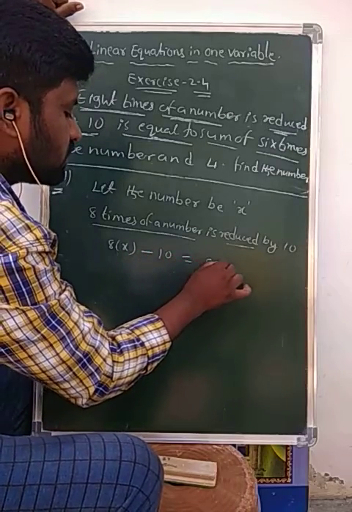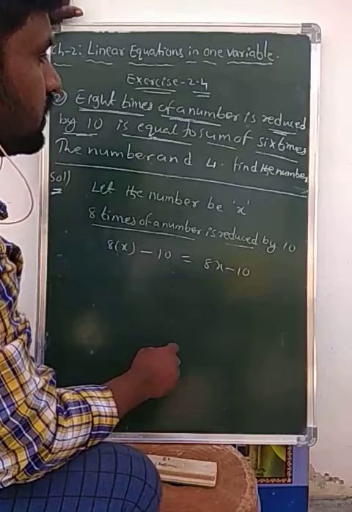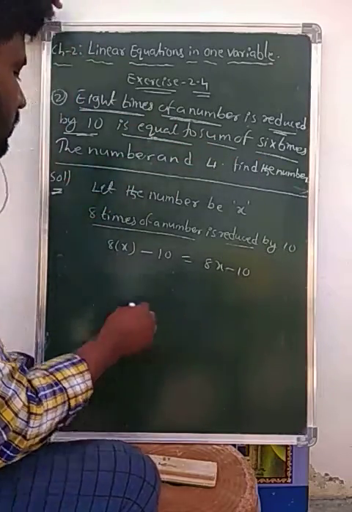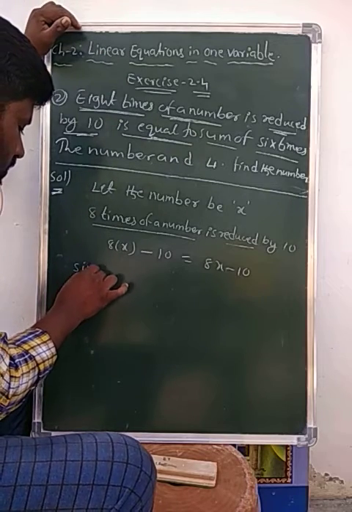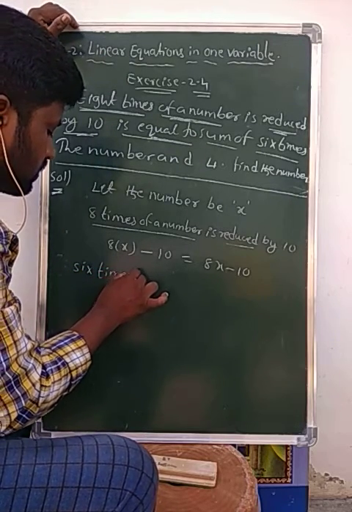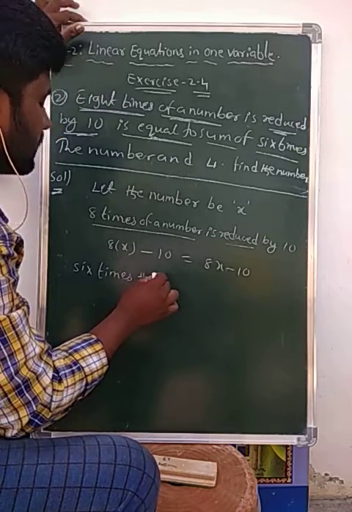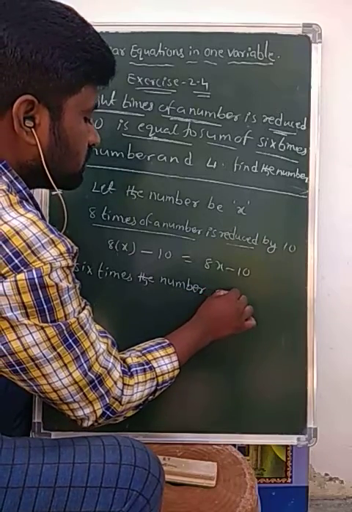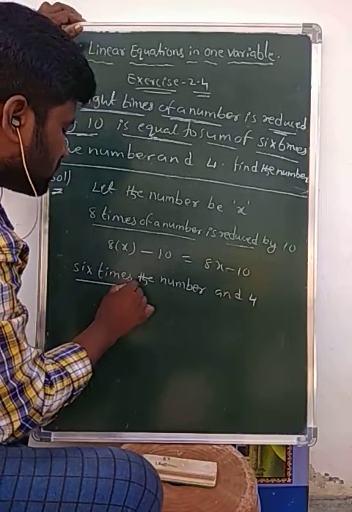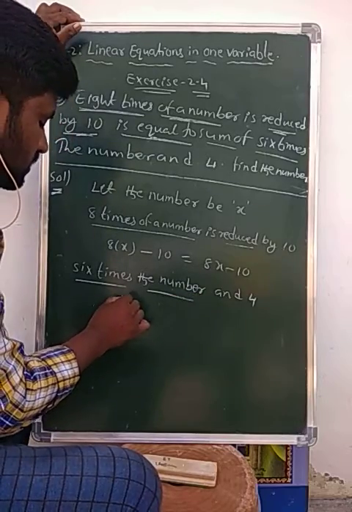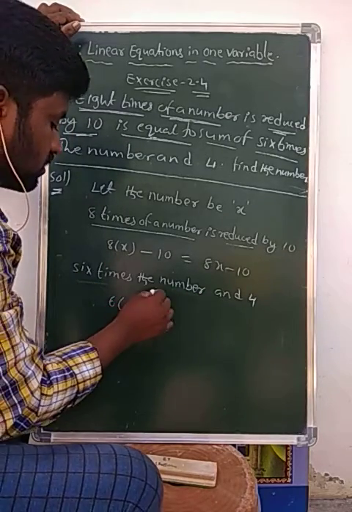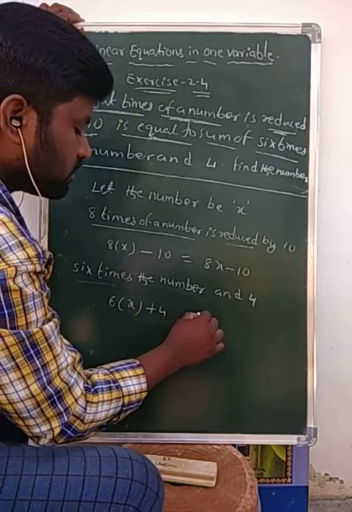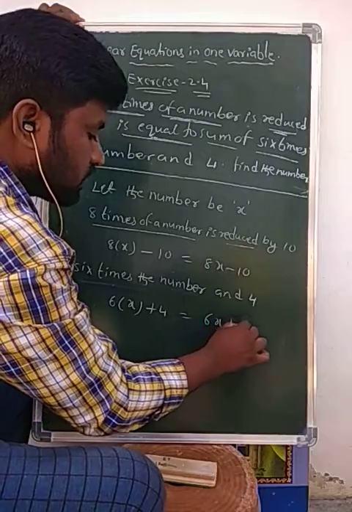That is 8x minus 10, equal to 6 times the number and 4. 6 times the number means 6 of x, and 4 means plus 4, that is 6x plus 4.